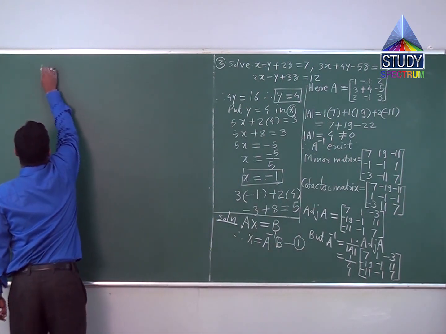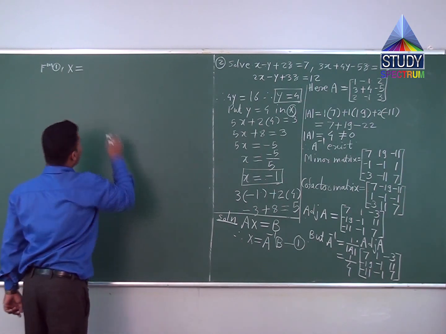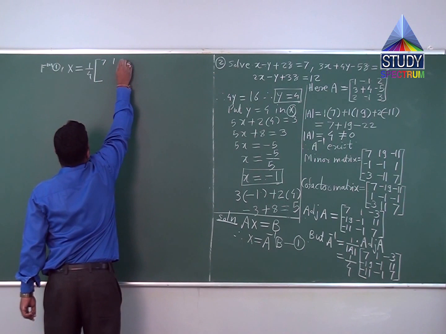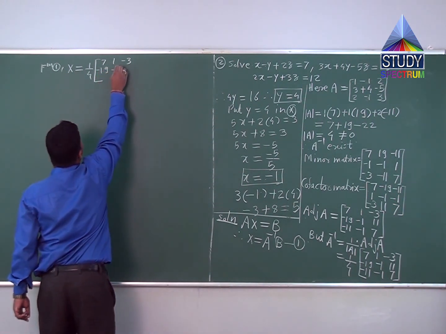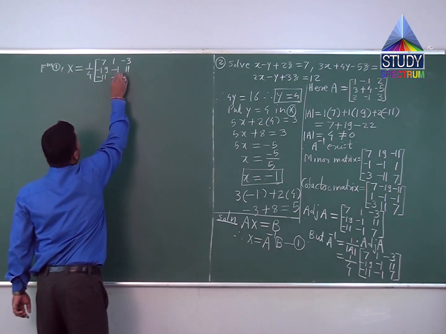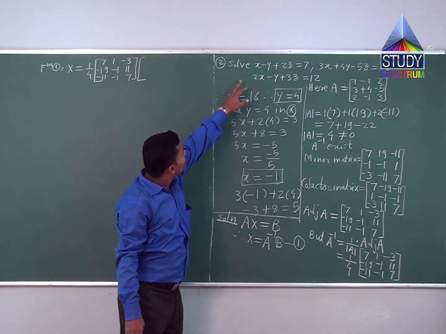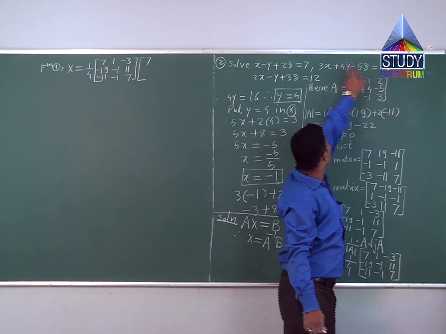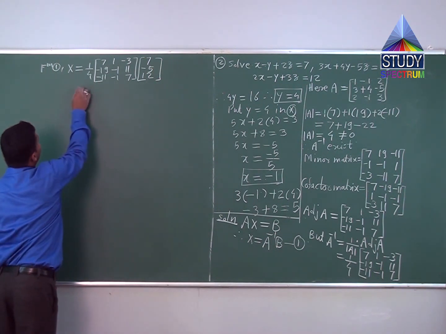So from 1, capital X equal to A inverse into B, A inverse, 1 upon 4: 7, 1, minus 3, minus 19, minus 1, 11, minus 11, minus 1, 7, into B. B means this is our B matrix, the numbers on the right hand side of the equation: 7, minus 5, and 12. 7, minus 5, 12. So equal to 1 upon 4.